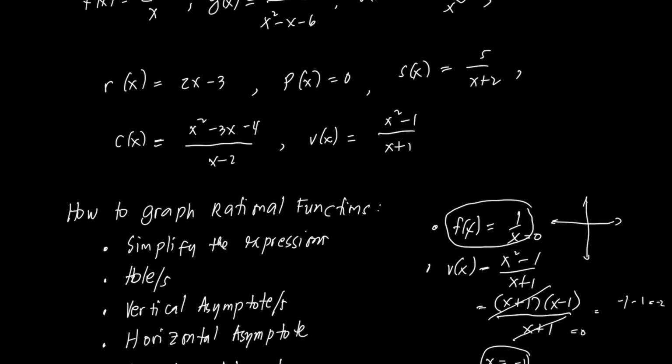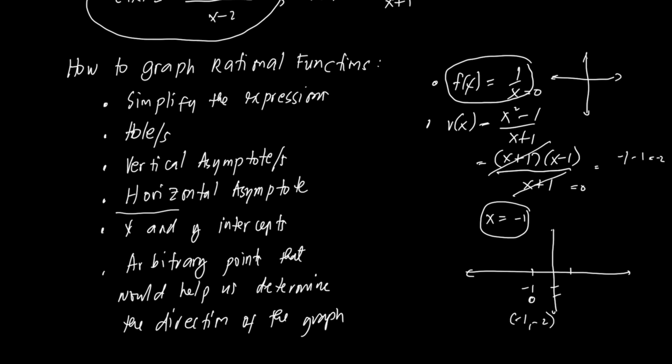When the denominator is 0, at that particular value of x there is a vertical asymptote, meaning there is a line that passes through it that makes it the vertical asymptote of the graph. For example, this one, the c of x, our vertical asymptote there is x equals 2.